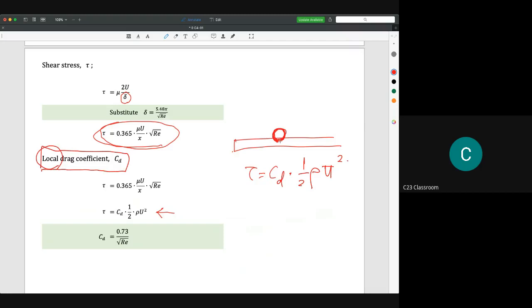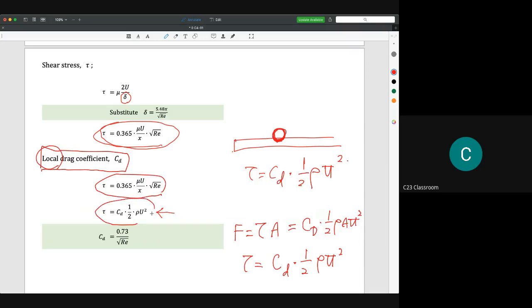You know that force is equal to tau A, and force can also be C_D times 1 over 2 rho A u squared. So if we want to calculate tau, tau becomes C small d times 1 over 2 rho u squared. That's why we equate this term with tau equals C_D times 1 over 2 rho u squared, and this C_D comes from this equation.